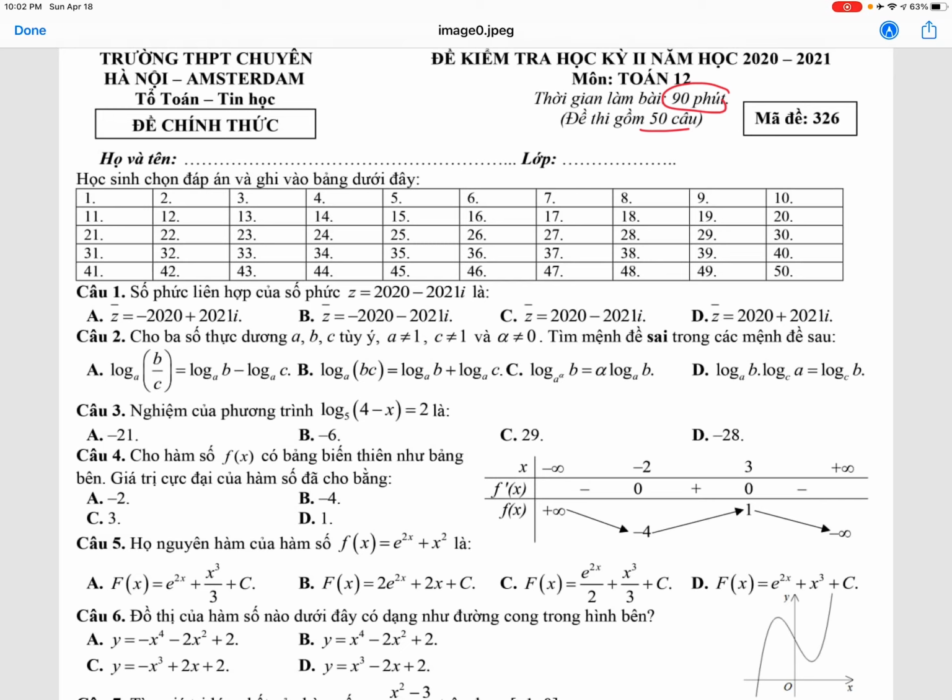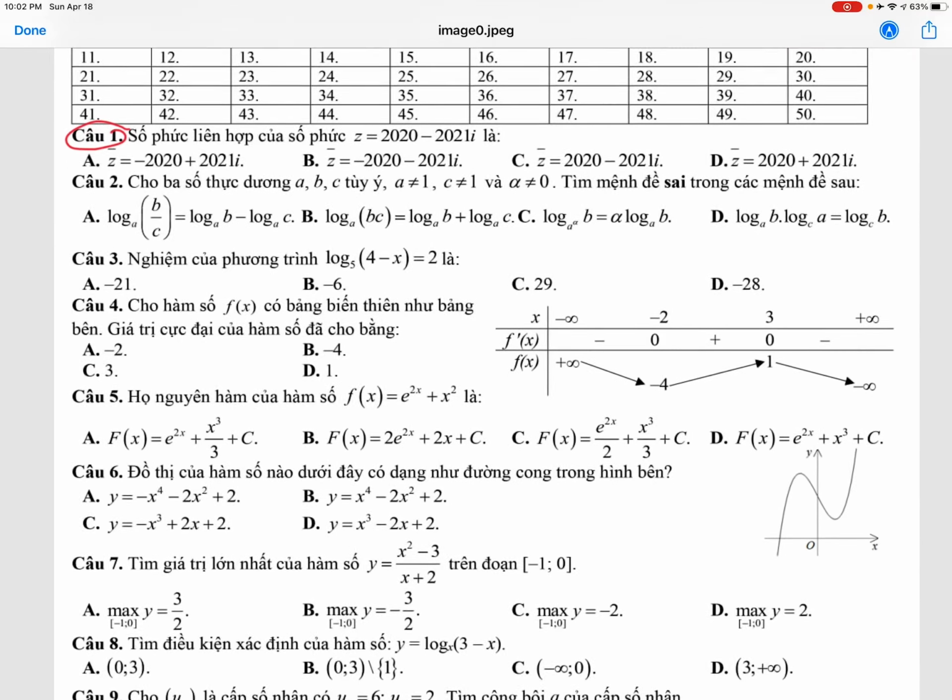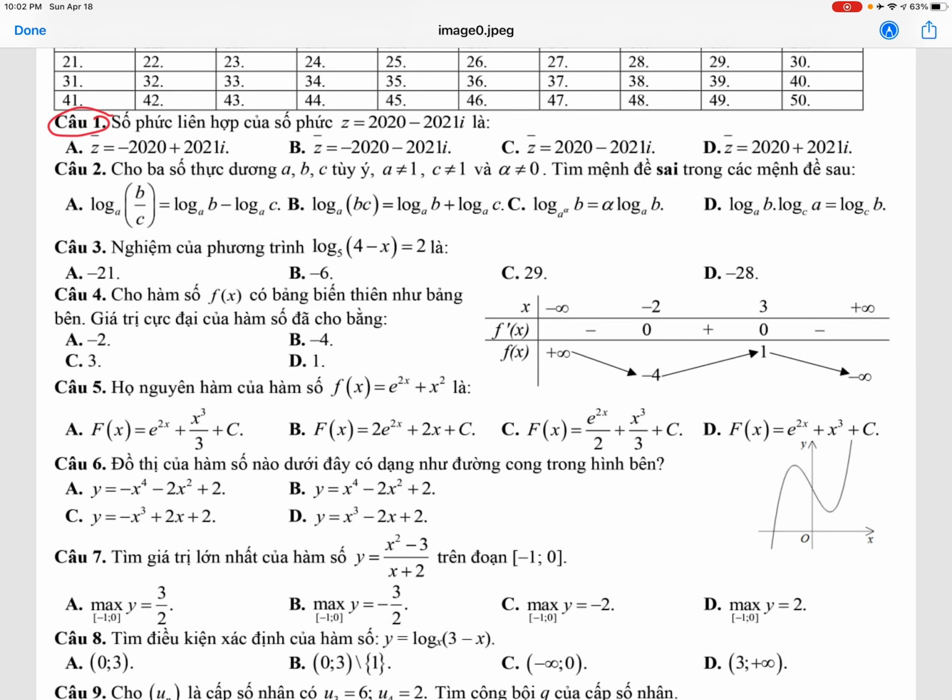So the first problem or question is, let me translate that. The conjugate complex number of this number, which is z equals 2020 minus 2021i, is.